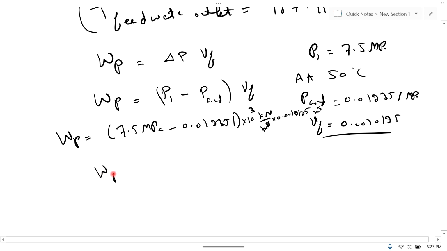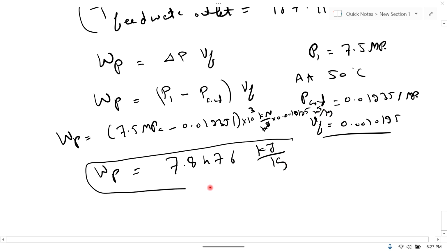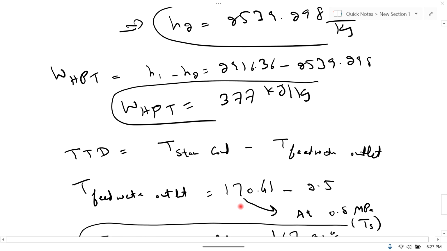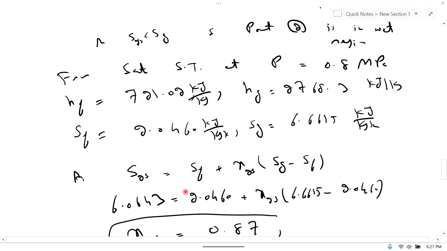So work of pump will be equal to 7.8476 kilojoule per kilogram. This is work of pump. Now after pump, enthalpy at this point.